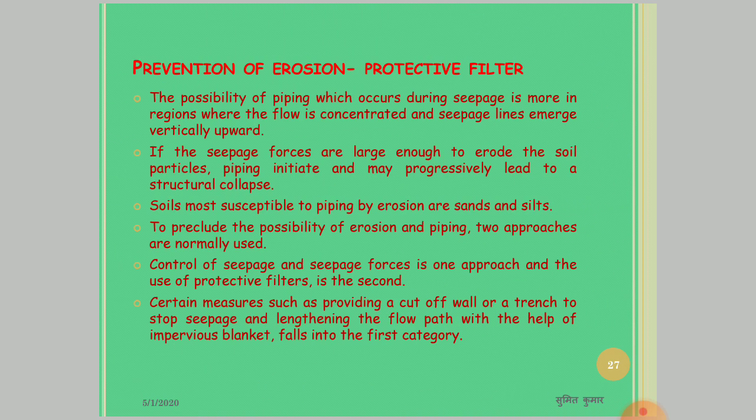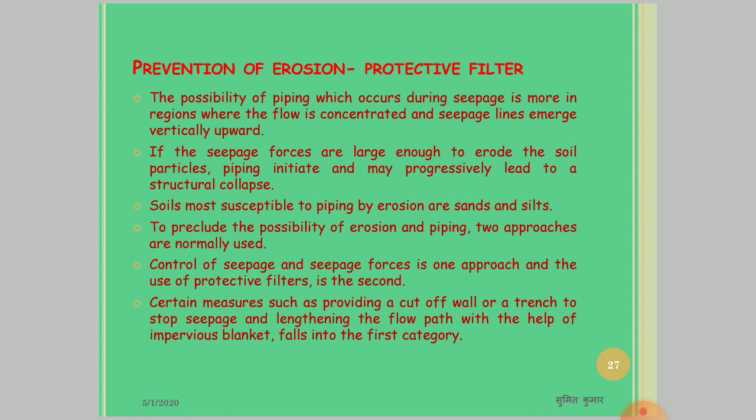The possibility of piping which occurs during seepage is more in regions where the flow is concentrated and seepage lines emerge vertically upward. If the seepage forces are large enough to erode the soil particles, piping may initiate and progressively lead to a structural collapse. Soils which are most susceptible to piping by erosion are sands and silts.